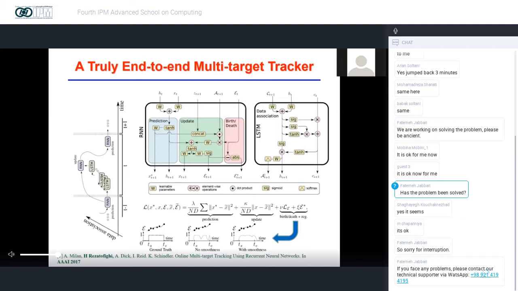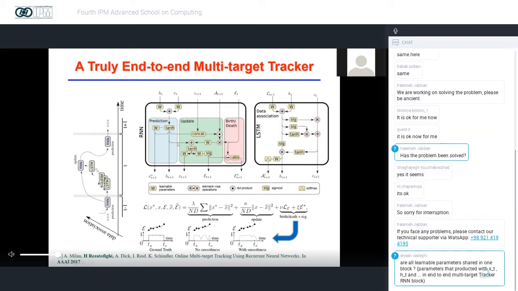This variable has a tendency to drop below some threshold. But if we have this smoothness, we can have a better, smoother behavior for the target before it is terminated. So this is how we can learn dynamic prediction, update, and birth and death for each target.